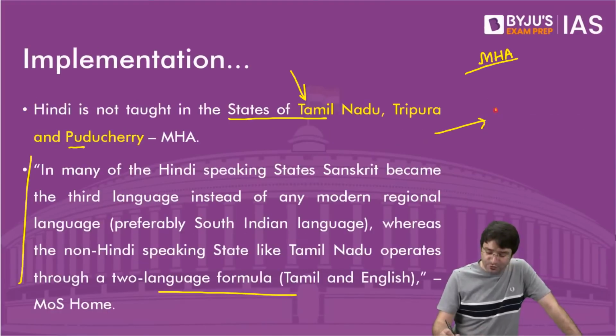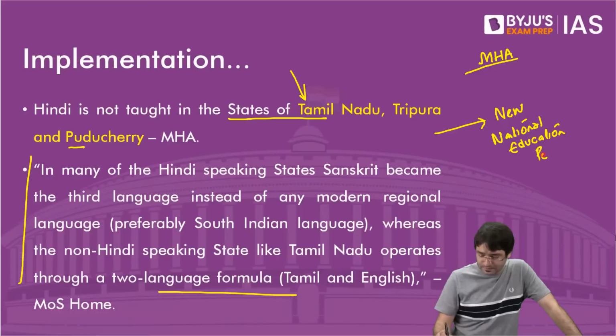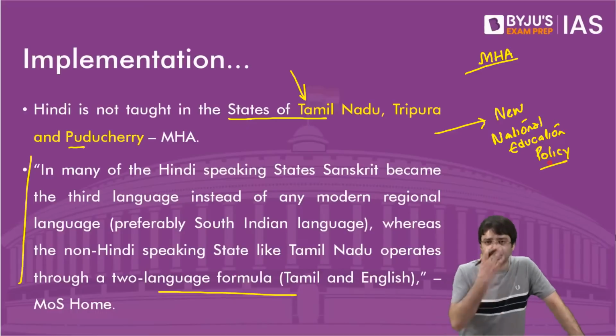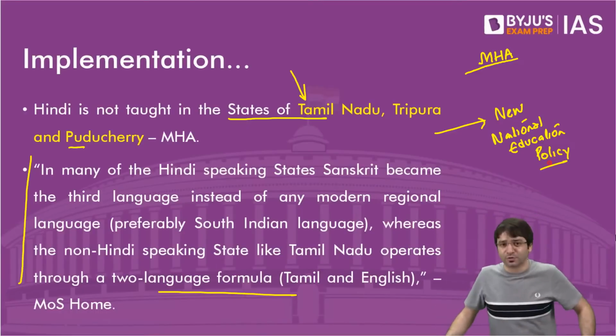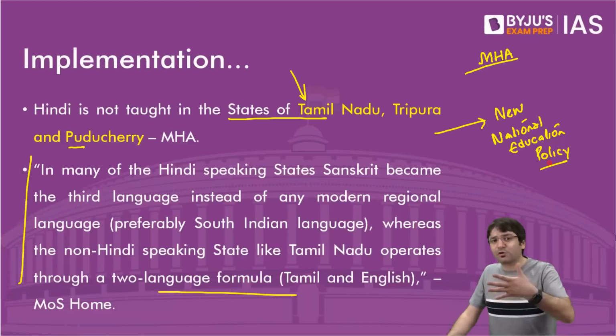Now we have a new national education policy, which we will discuss in social issues, where there is another controversy on this three language formula, whether it is optional or mandatory.